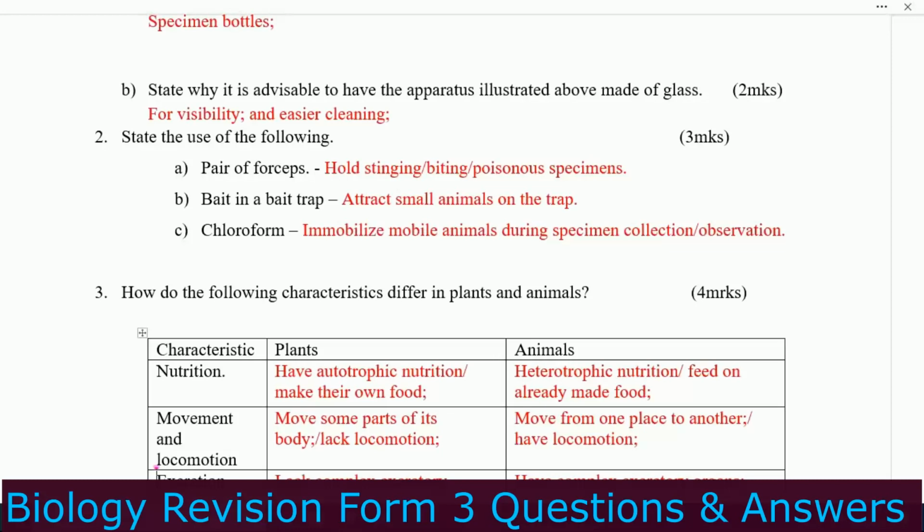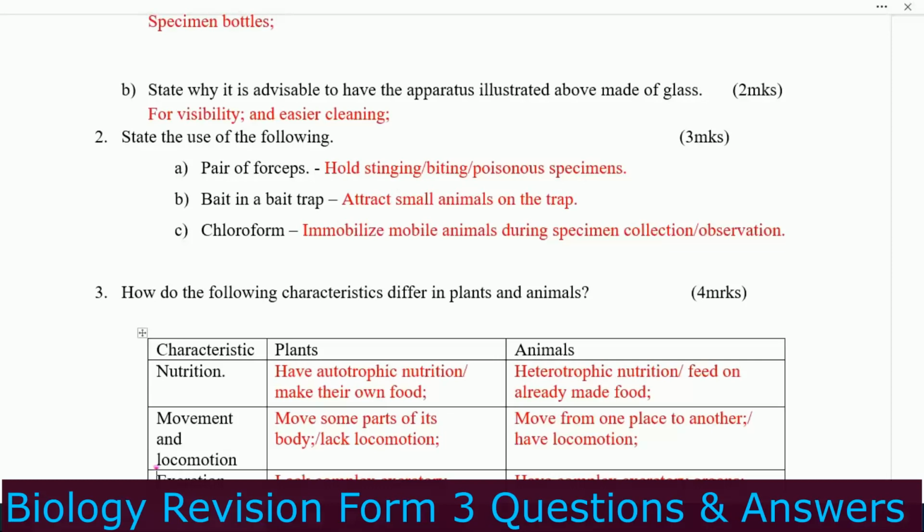You can see the apparatus there. To identify the apparatus, this one is specimen bottles. B. State why it is advisable to have the apparatus illustrated above made of glass: for visibility and easier cleaning.